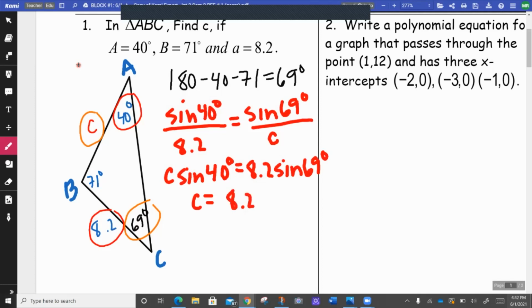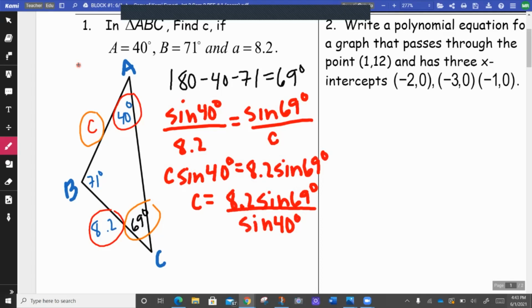I'm going to divide both sides by sine of 40 degrees. So I'm basing it at 8.2 times sine of 69 degrees over sine of 40 degrees. And I'm going to be putting this in the calculator, and I'm going to make sure my calculator is in degrees when I'm doing this.